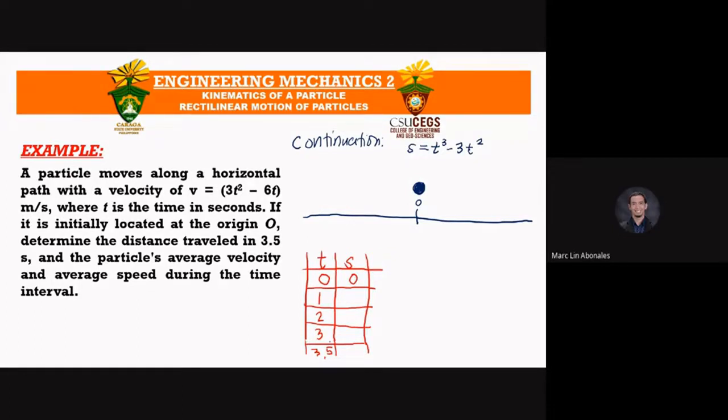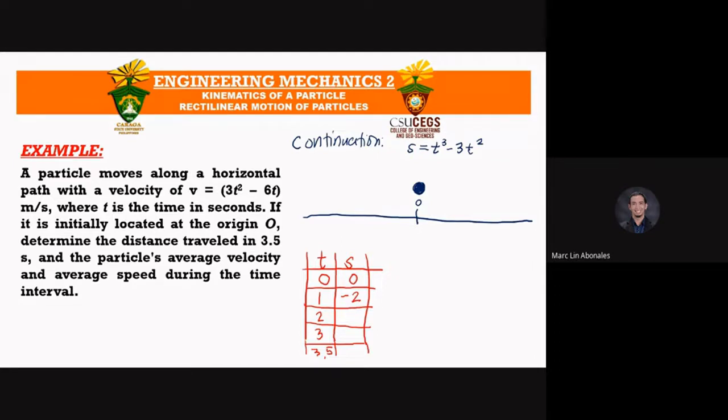If it is negative 2, that means our position at 1 second is negative 2. So when the particle starts to move, its position is negative 2. Where did it move first? Is it going to the left or to the right? It is on the left side.